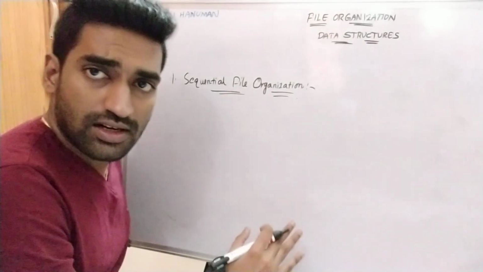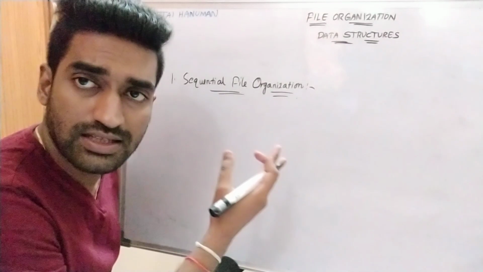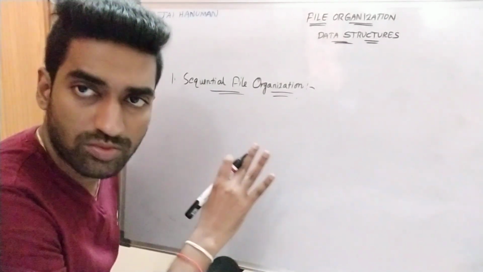In sequential file organization, all the records are arranged in a sequential manner. That is the first and foremost thing, right?